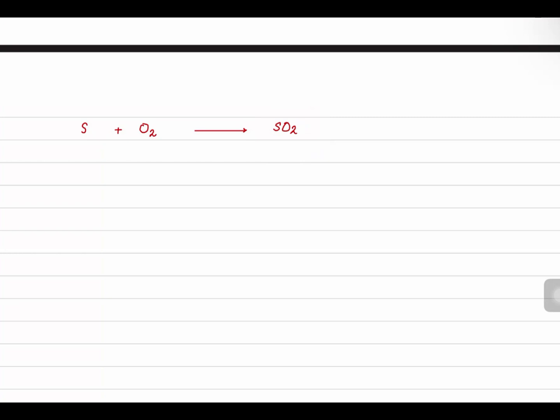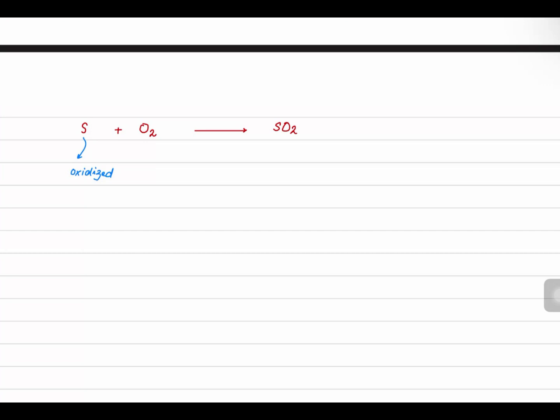So since the sulfur is going to add oxygen, I can say that the sulfur is oxidized. Why is the sulfur oxidized? Because the sulfur is gaining oxygen. This is the reason I can say that the sulfur is oxidized.